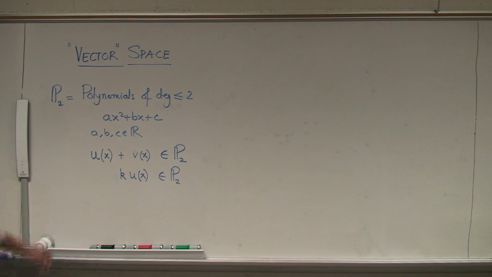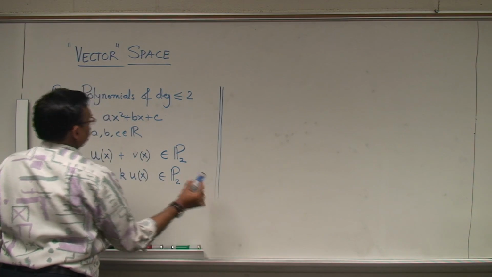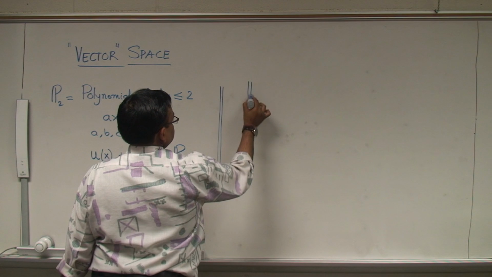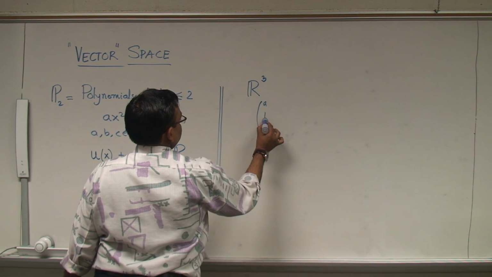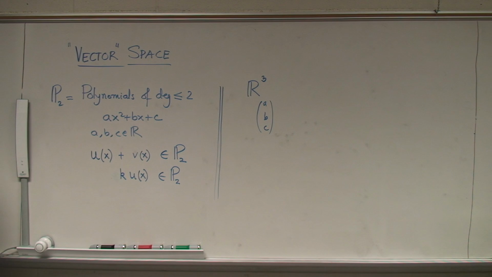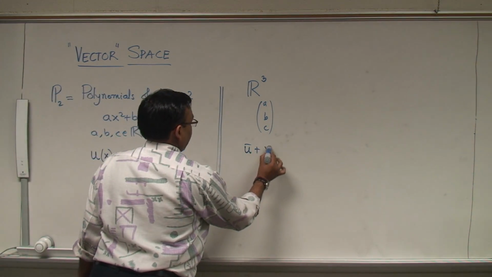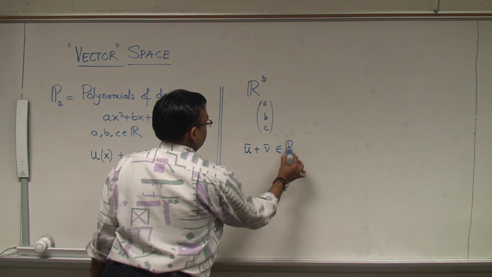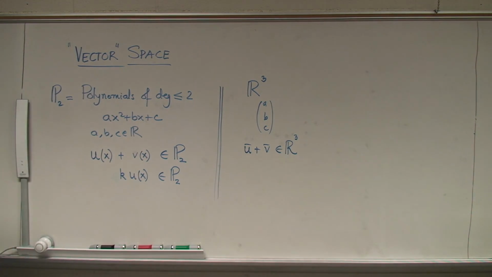Now, look at these things. Aren't they similar to what you find in R3? Remember in R3, you said, oh, vectors which look like this, (a, b, c). Now, if I take any two vectors, u and v in R3, if I add them up, we all agree that the sum vector will still be in R3.